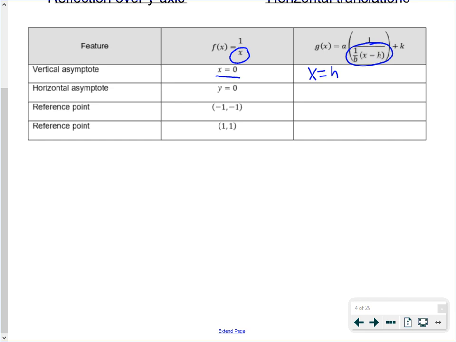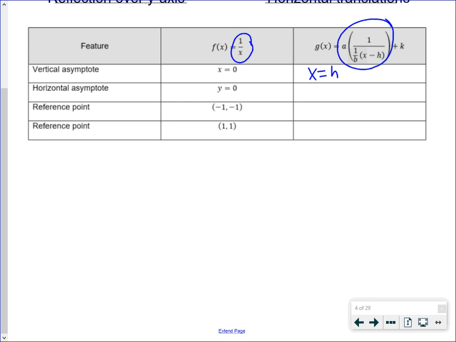Okay? Now for the horizontal asymptote, y equals 0 is a horizontal asymptote. That's because 1 over x, the whole fraction, can never equal 0, because the numerator is just a constant term of 1. So there are no x values that will set 1 over x equal to 0. We're going to carry that same logic into our transformed function as well. We could see that this whole fraction part right here, a times 1 over b times x minus h, can never equal 0, unless a equals 0, but we don't deal with a equals 0, so we're not going to worry about that.